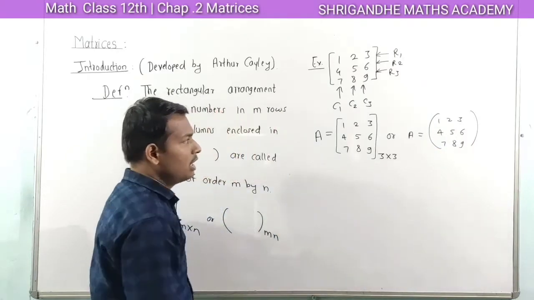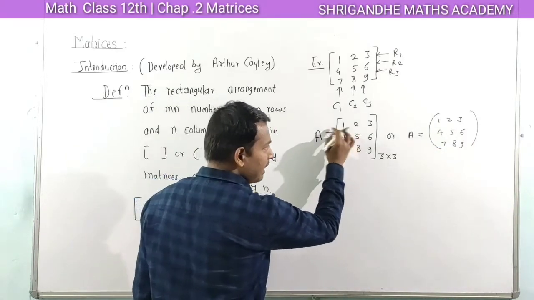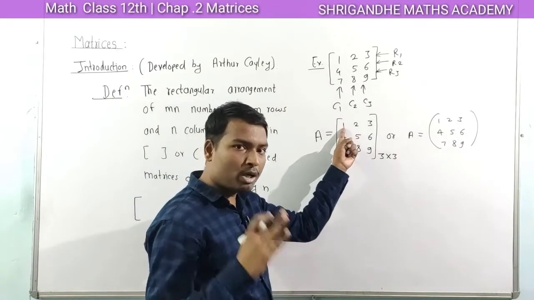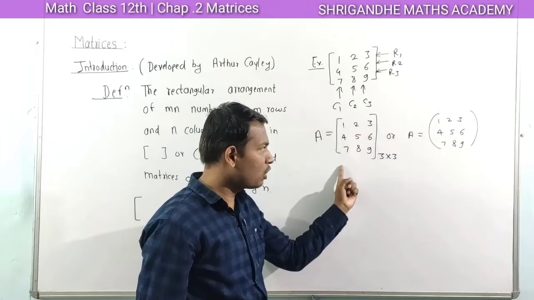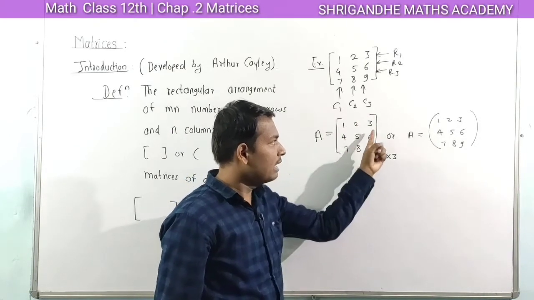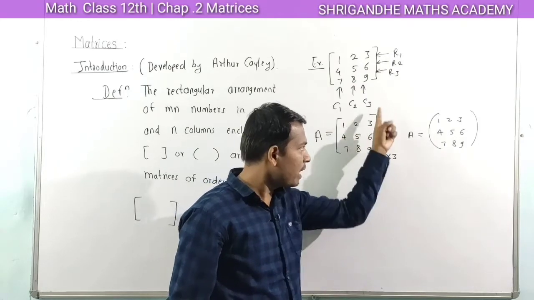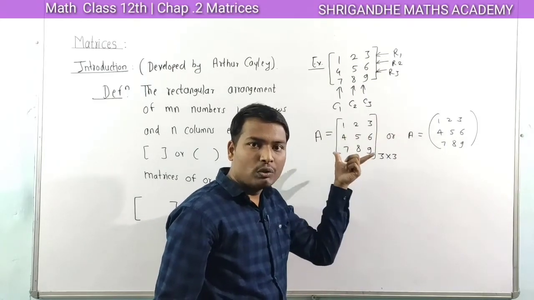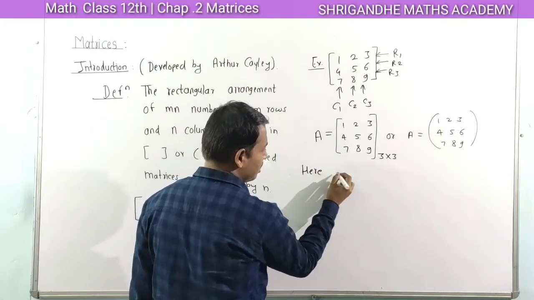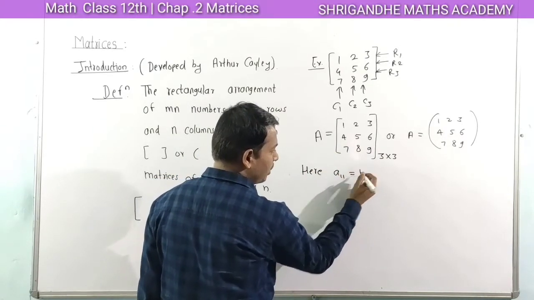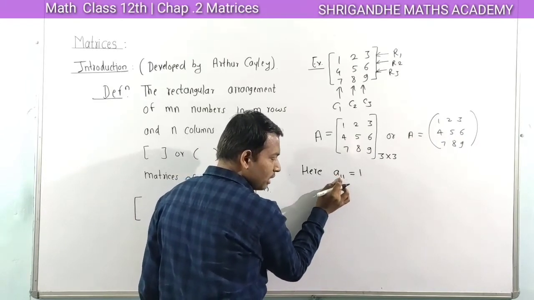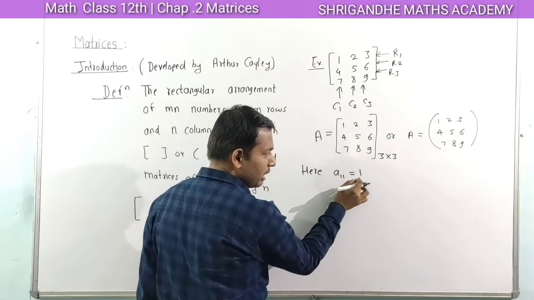Now here the element 1 lies in the first row and first column. Number 2 lies in the first row and second column. And number 3 lies in the first row and third column. Therefore we write a11 is equal to 1. a11 means the element lying in the first row and first column is 1.